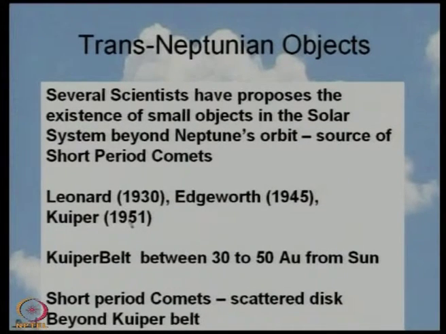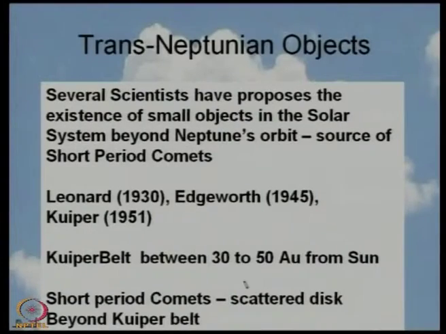Now, currently it is believed that there is a belt of objects, just like you had the main belt of asteroids, you have another belt of small objects called the Kuiper belt, or sometimes called the Edgeworth-Kuiper belt.